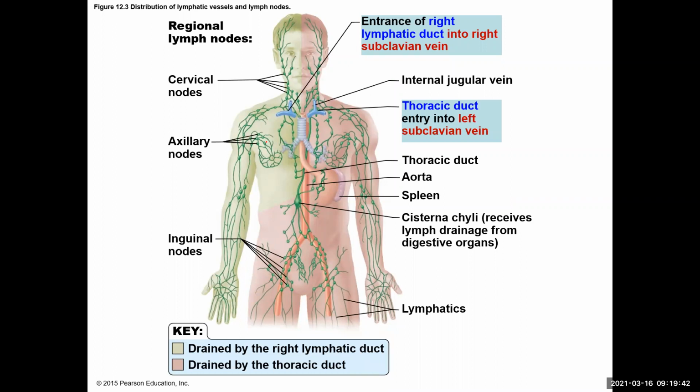Then they try to find out which lymph node is infected. For example, if 3 or 4 lymph nodes in the axillary area are infected, those lymph nodes are removed.